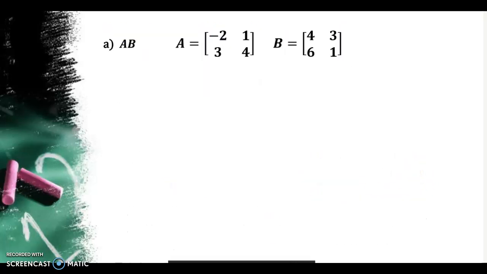Okay, so let's look at some examples. This first example is to multiply A times B. A and B are both 2 by 2 matrices. So that means that the number of columns in matrix A is equal to the number of rows in matrix B. So can we multiply?